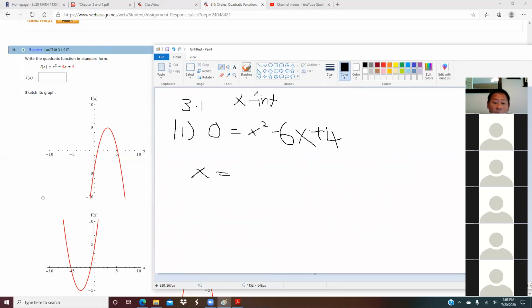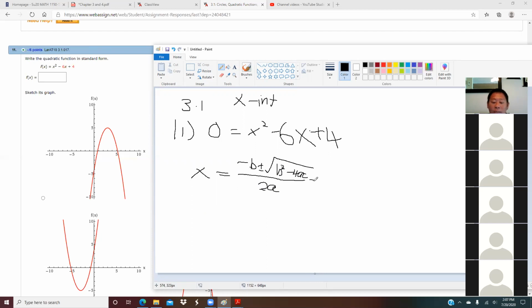Negative b plus or minus the square root of b squared minus 4ac, all over 2a. Now when Elijah says all over, this line has to be all over, not partially.